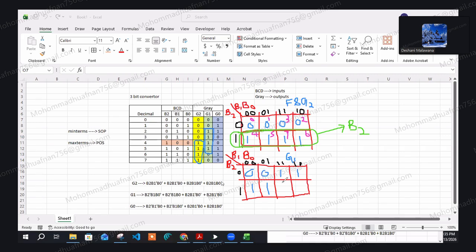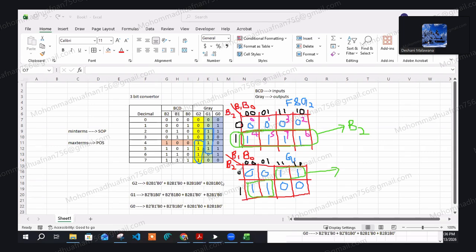Others are 0. So this is going to be 0, this is going to be 0. Now we are going to group this one. This is going to be one group, and this is going to be one group. More clearly, this one is what? Can anyone say?